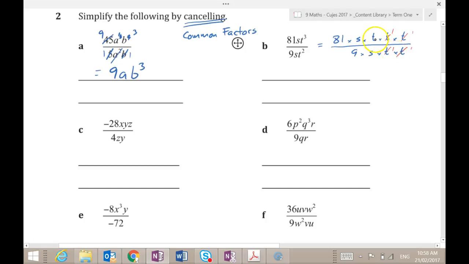This remaining T up the top doesn't have anything to cancel with. But look, I've got an S on the top that can cancel with one of the S's on the bottom. And 81 divided by 9, well, 9 goes into 81 9 times. So that's an alternative working if you find it easier to write it out in expanded form. Obviously, if the powers are like 160, you don't want to be doing it that way. But for now, if that makes it a little easier for you to see, I've got 9 times 1 times t, so that's just 9t. And on the bottom, it's just 1, so I don't need to write the denominator in there.